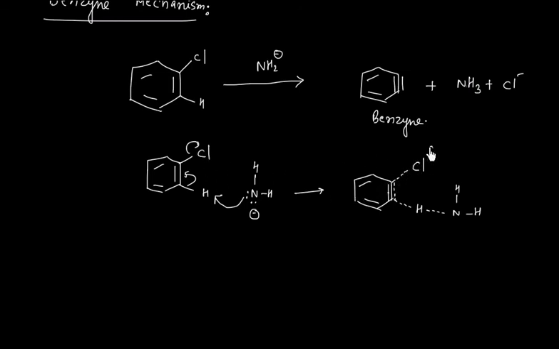Chlorine will have some negative charge. This nitrogen will lose some negative charge. So this is the transition state. So this is first transition state.